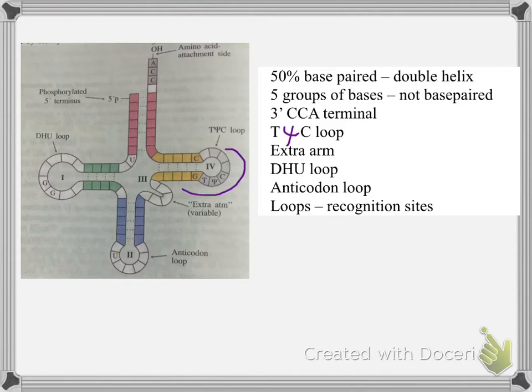This loop is known as the T psi C loop, or T loop. This psi means pseudouridine or pseudouracil.